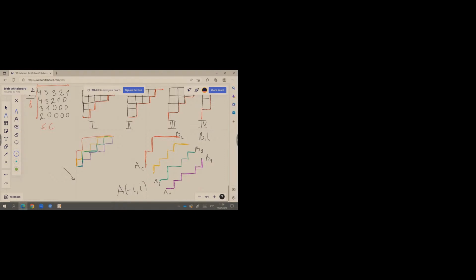So the coordinates will be A minus i, B plus i.